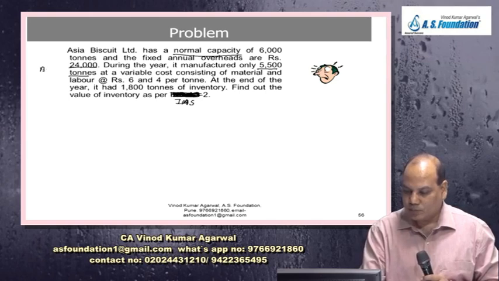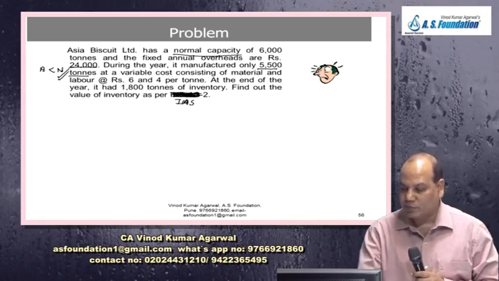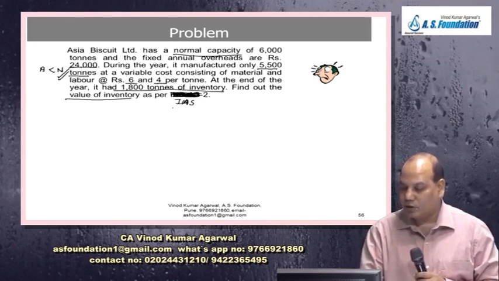So, actual capacity is less than normal. So, for allocation of fixed overhead, normal capacity will be used. Variable cost consisting of material and labor is 6 and 4. At the end of the year, 1800 tons of inventory was there. Find out the value of the inventory as per IAS 2.